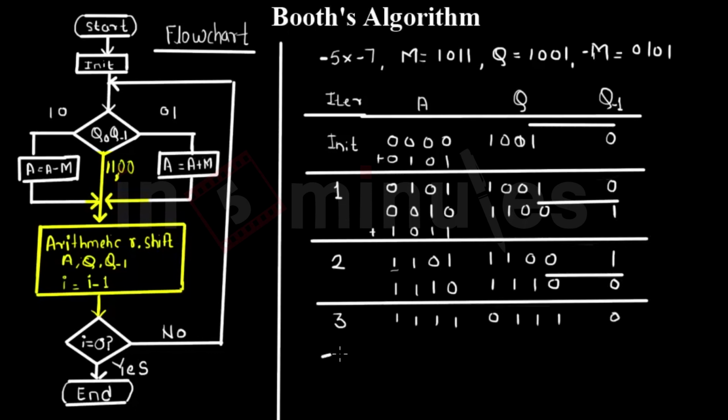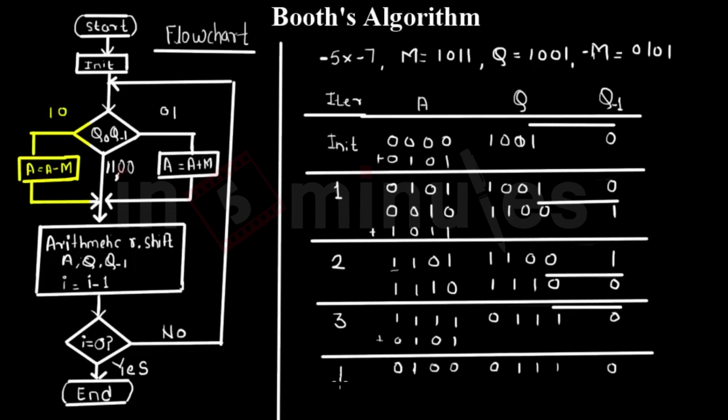And for the final time, the fourth iteration, we again examine these two bits. These are 1 0, so we have to perform A minus M, that is adding the 2's complement of the multiplicand. We add this, and the carry you can discard, giving 0 1 1 1. And now we perform the shift for the final time, maintaining the sign.